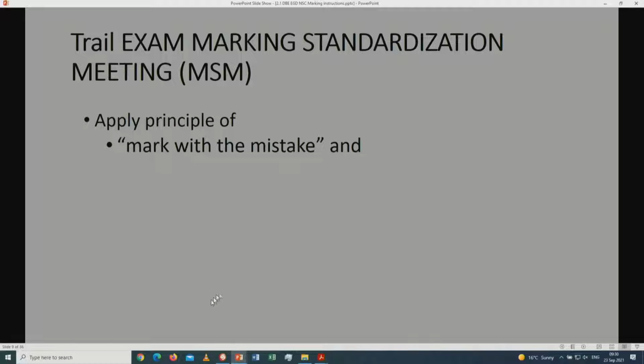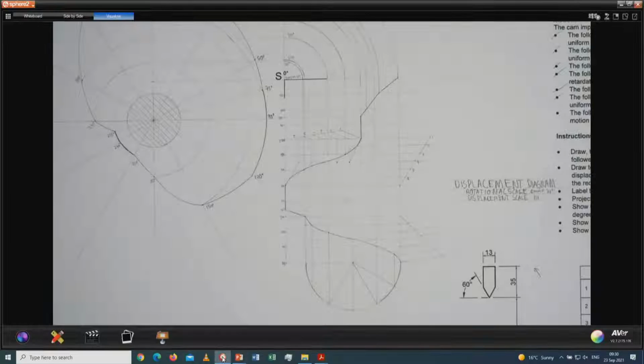All right. Then also you mark with the mistake. Again, I will indicate that to you by my option, if it gets to the CAM drawing. I will get to that answer just now. So it is, for instance, this one that you see on the screen right now.